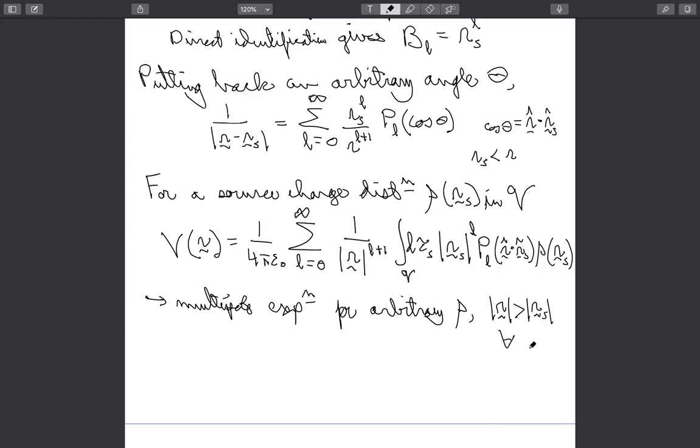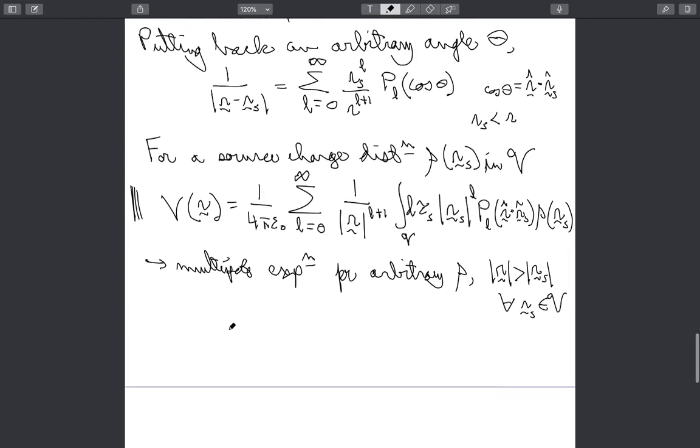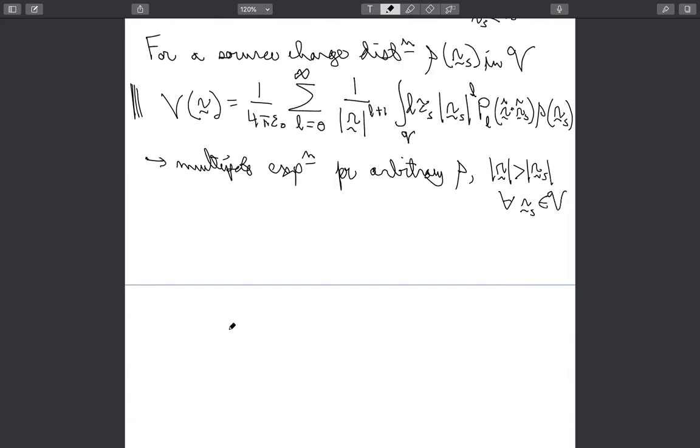Okay, so like this for any r_s in the volume V. So this is quite an important formula, right? It's the thing that you can always refer to when you've got a generic situation with multipoles.